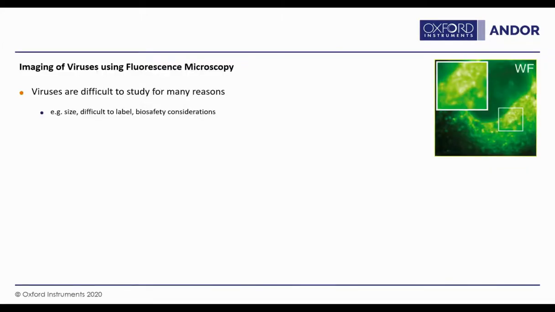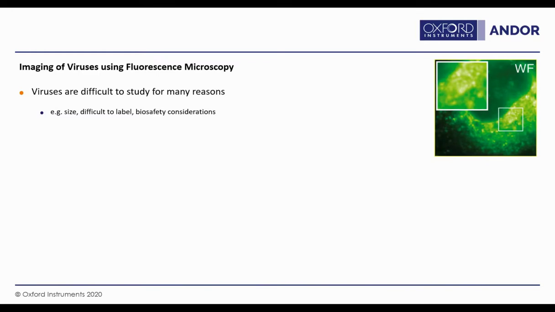As we know, fluorescence microscopy is a really powerful technique across all of cell biology applications, but for virology it's much more difficult. Viruses, of course, are much smaller, which causes a lot of problems since they are well below the limit of diffraction, making light microscopy very difficult to see what's going on beneath that resolution limit.